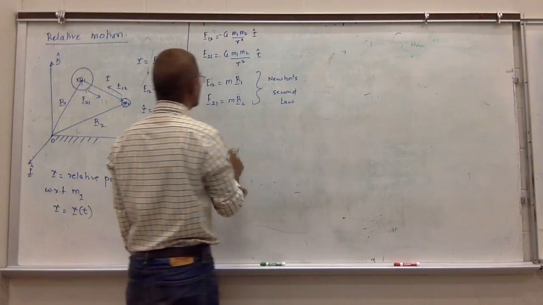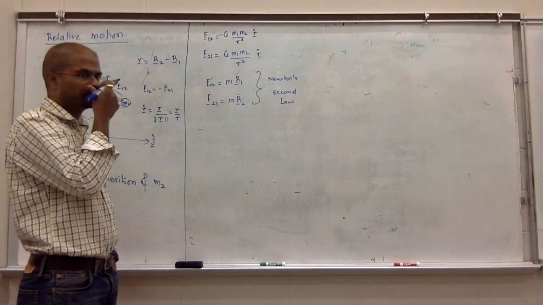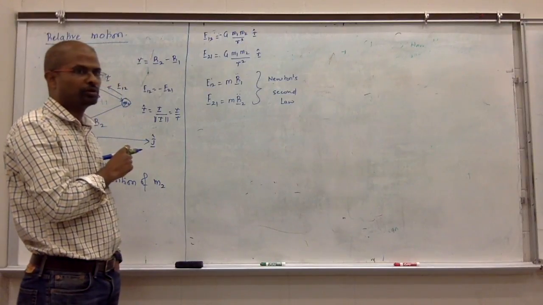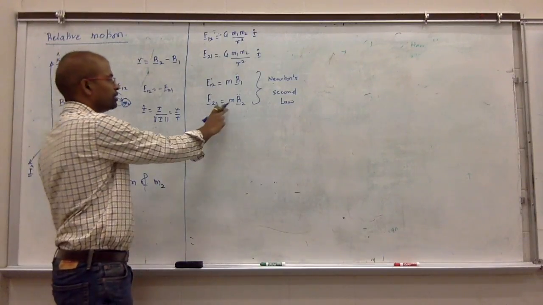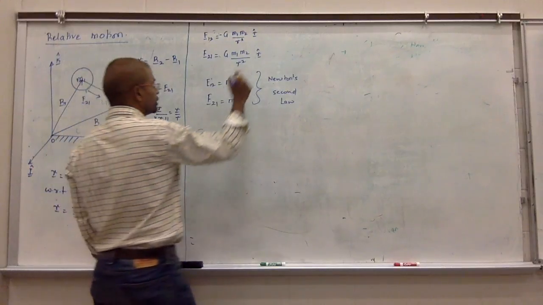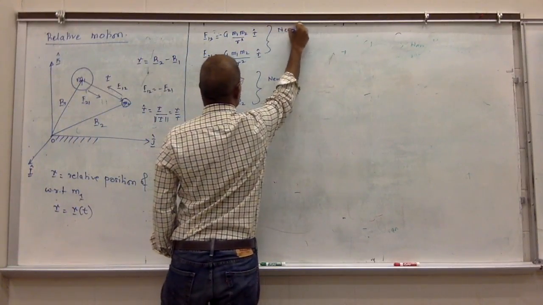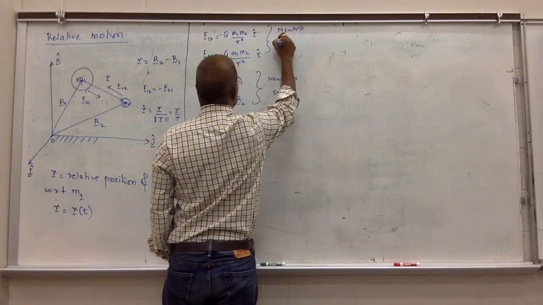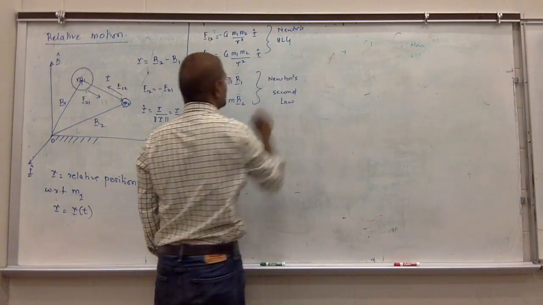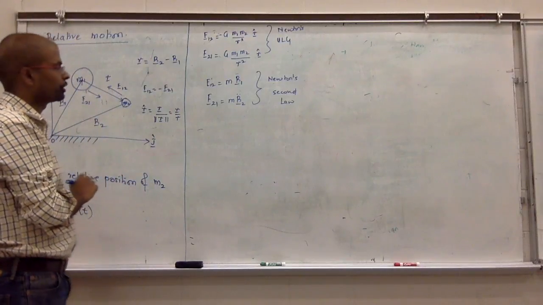Keep in mind, m dot is not changing. The mass is not changing. So we can assume this case of the law. This is Newton's universal law of gravitation.